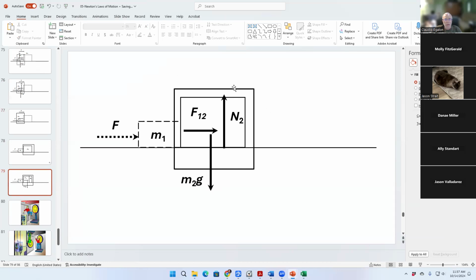In this case, the only force propelling this block to the right is going to be F of 1 in 2. We know that F of 2 in 1 has the same magnitude, but opposite direction. Notice that this force here is not in contact with the second mass, right? But part of this force is being transferred to the second mass due to the contact between M1 and M2.